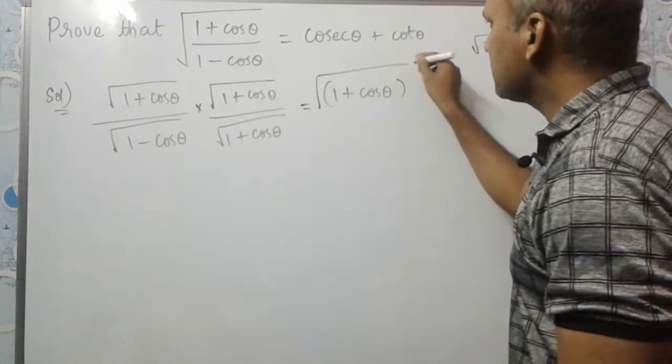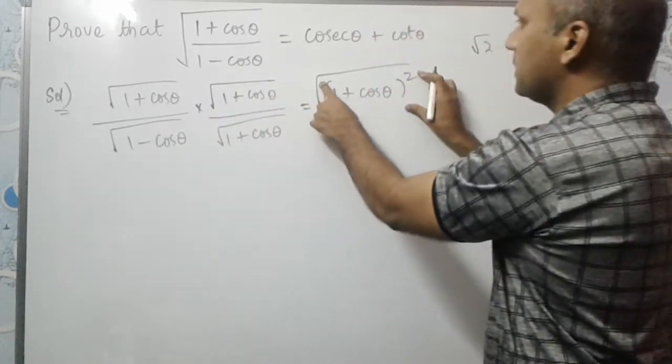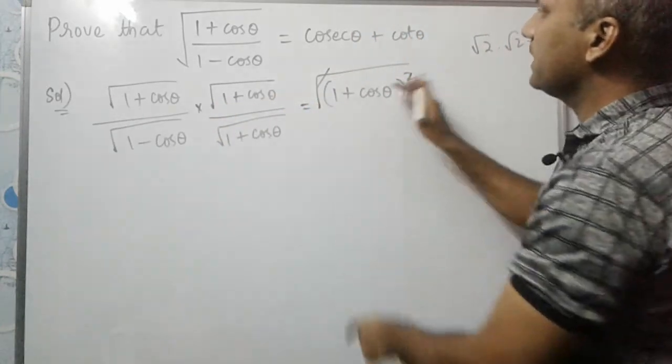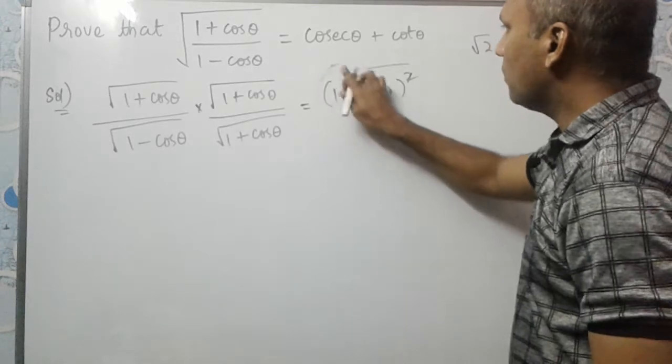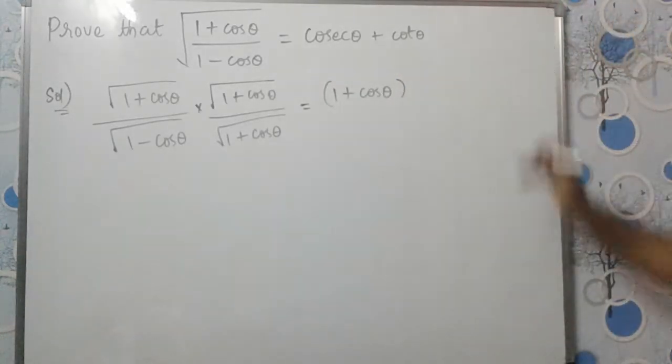Or you can write it as the square root of (1 plus cos theta) whole square; root and square cancel, so it gives 1 plus cos theta.